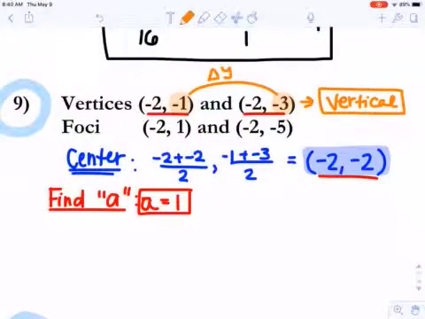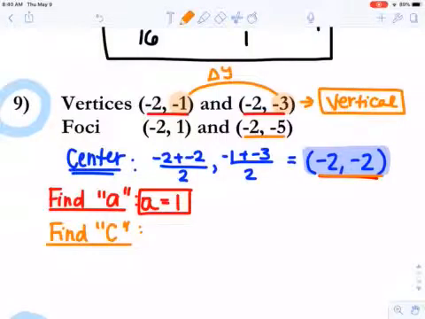Now, I also know the foci, so that will help me find my C value. The distance from the center to each foci is C. So from the center, -2, -2, to -2, -5 is 2 units apart. No, it's not. It's 3 units apart. So the C is 3.